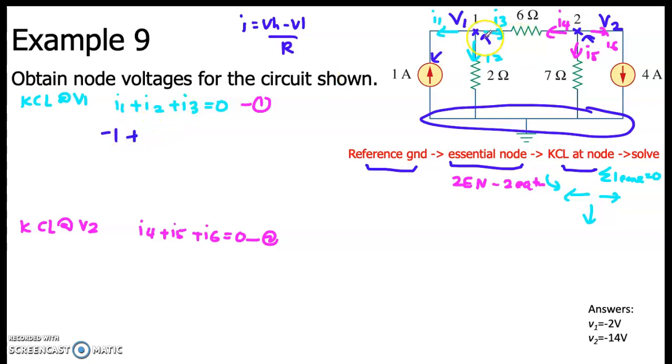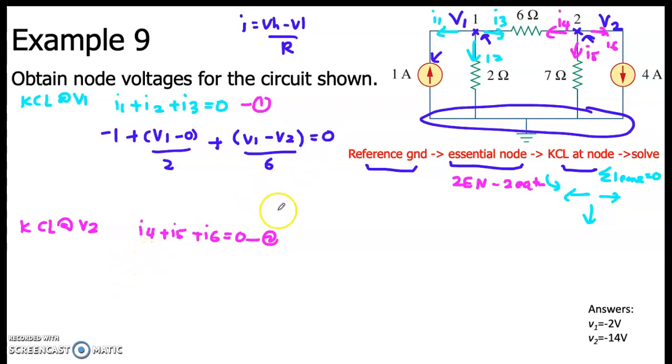Now look at I2. I2, what is the V high here? The arrow is pointing down, right? So V1 minus 0 over 2 plus. Now look at I3. What is the V high? Look at the arrow. V1 minus V2 divided by 6 equals 0.